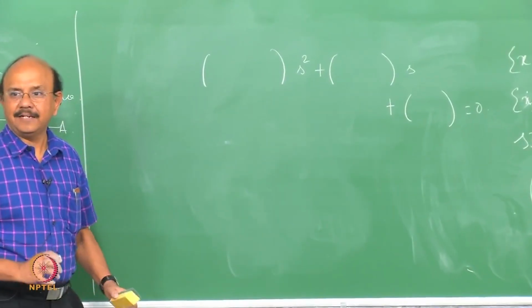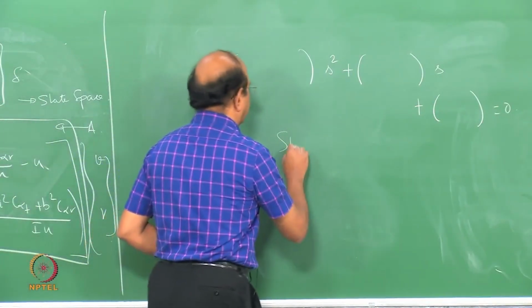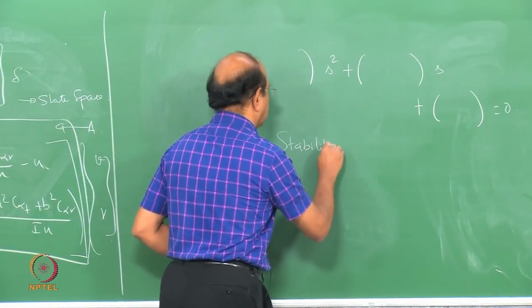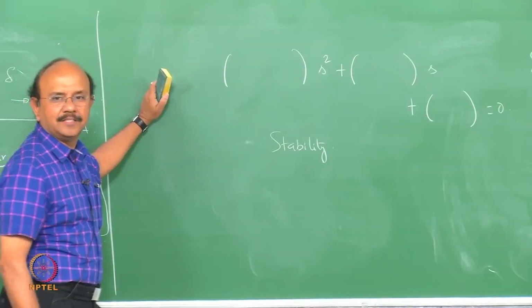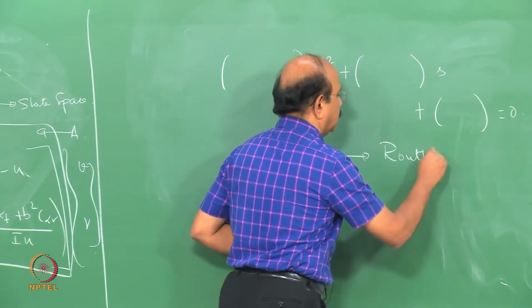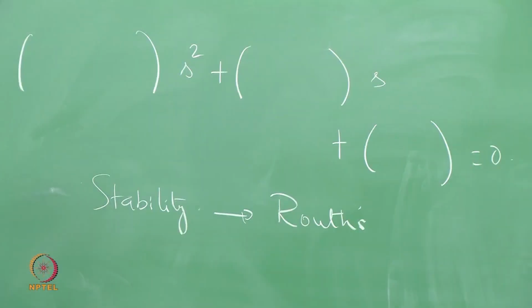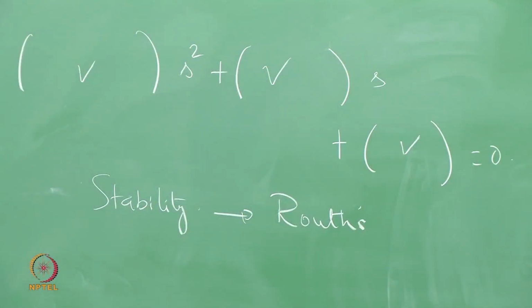Then look at the stability of the system. That's what I'm doing first. The stability of the system, for which the expression governing the characteristic equation is like this, is given by a very simple criterion, Routh's criterion, which states that what is here should be positive.